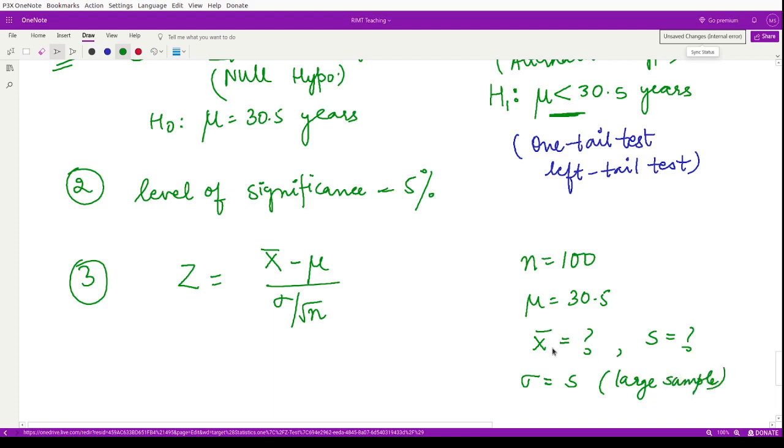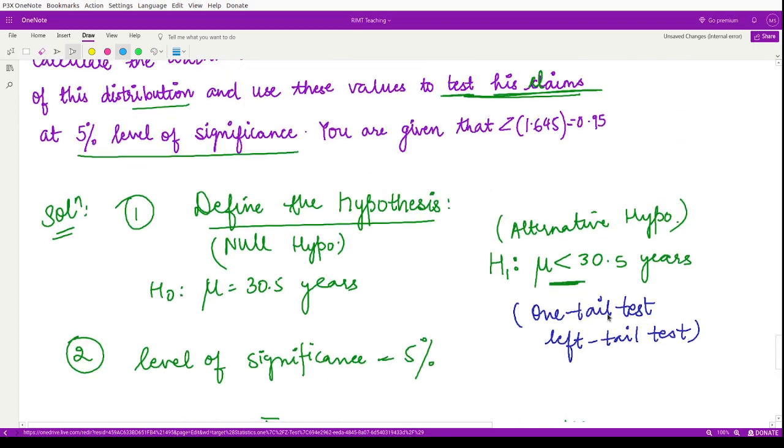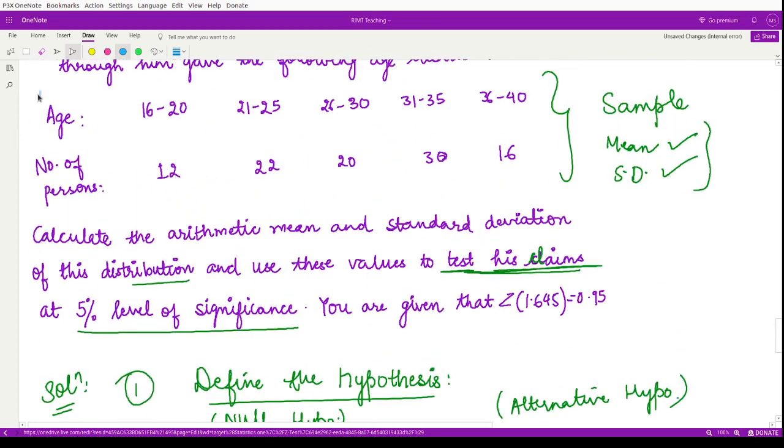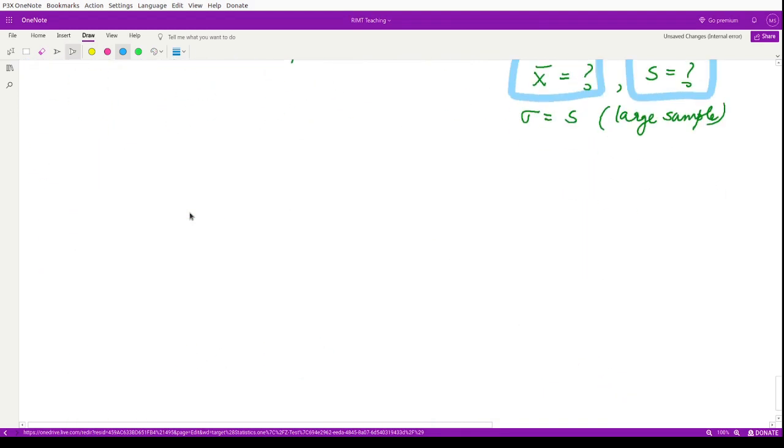So the first task in step 3 would be to calculate this x bar and s, the mean and the standard deviation. So here the sample data is given to you. According to that, how do you calculate the mean and standard deviation? Let me write down the data once more.